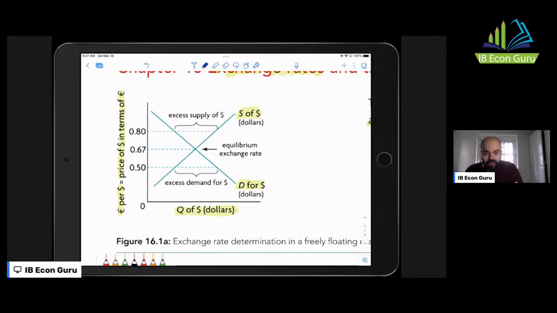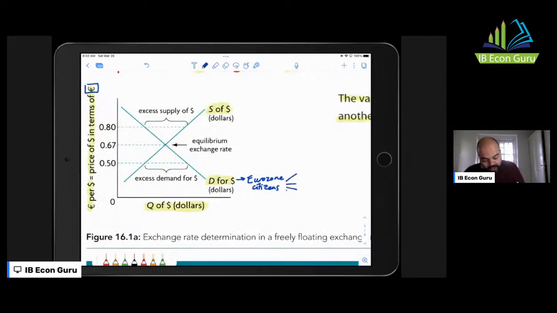First of all, the demand for the dollars in this case, because it's in terms of euro, comes from Eurozone citizens who wish to buy goods and services from the US, save in US financial markets, invest in the US, or travel to the US.